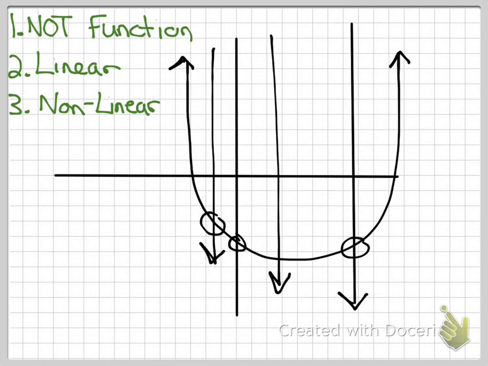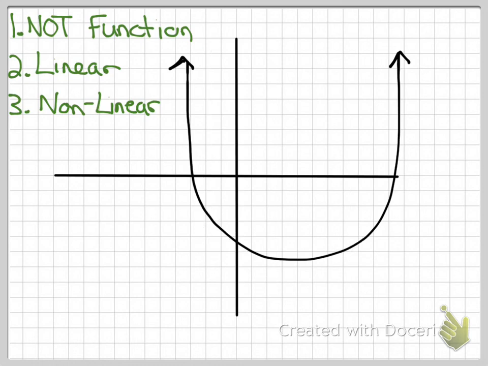Do you see that? The vertical line only intersects the graph one time. So I would say that this is a nonlinear function, because it passes my vertical line test. I can draw a line and it only intersects the graph in one place.